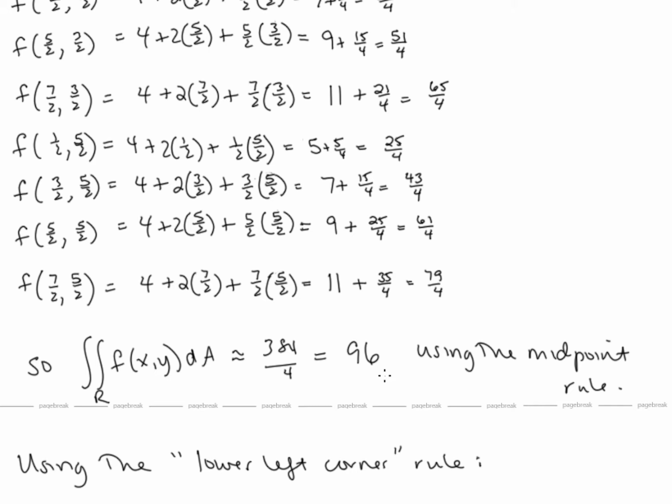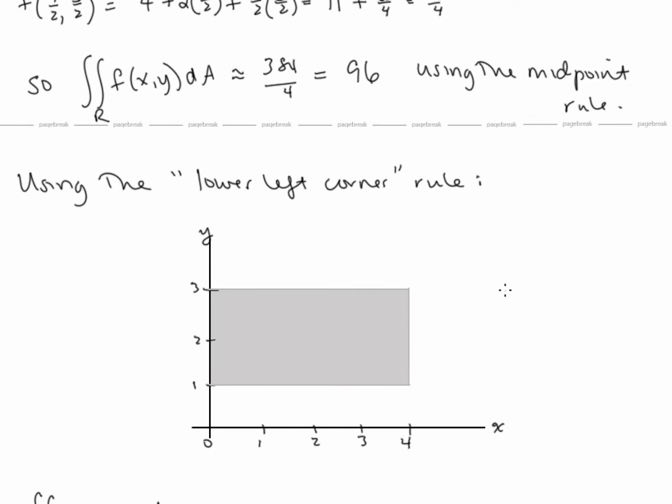But we didn't have to use the midpoint rule because in this problem they didn't specify a rule. So we could have chosen, for instance, a lower left corner rule where, again, we would have 8 pieces to our Riemann sum. And the lower left corner rule means that for each of these subrectangles we're going to evaluate at the lower left corner of the interval.